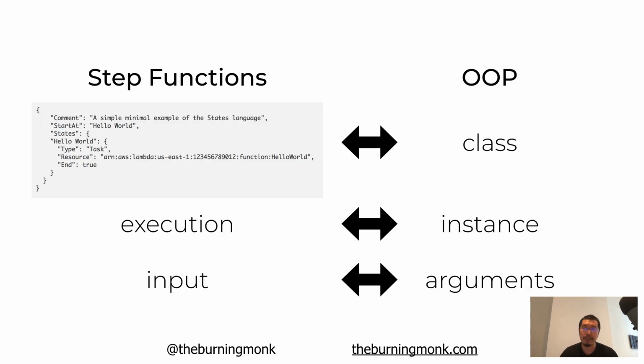Once you've defined your state machine, you can start an execution of that state machine with some input. In terms of analogies, a state machine is kind of like a class in Java or in OO, and an execution is basically an instance of that class, and you have inputs which are arguments for your executions.